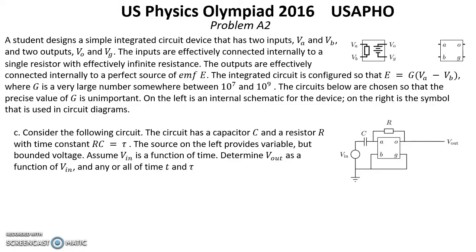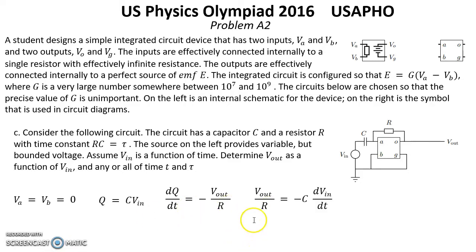Solution for question C. We again set VA equal to VB equal to 0. Then the capacitor charge and the current satisfy these two equations: Q equals C V in, and dQ over dt equals negative V out over R, where the second result follows from Ohm's law.